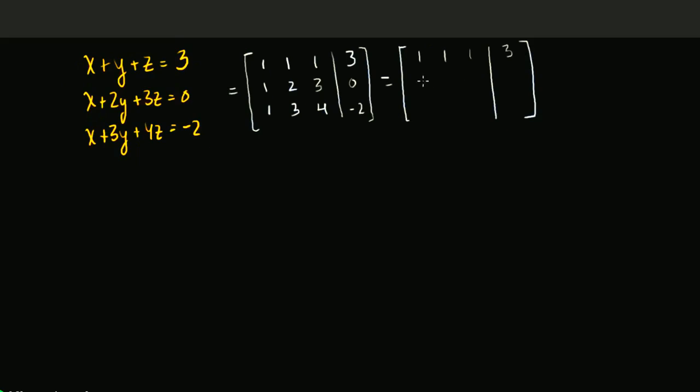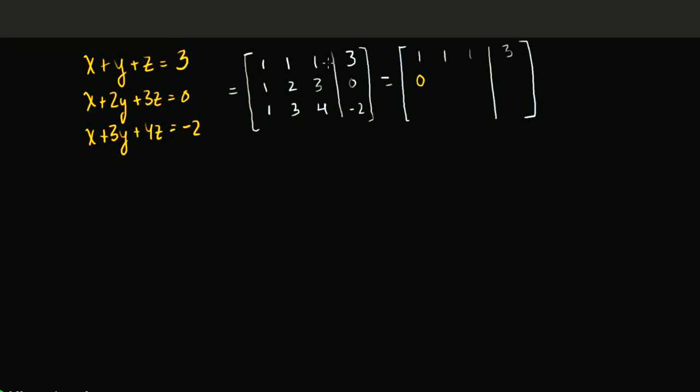So 1 minus 1 is 0. 1 minus 2 is 1 minus 2. Actually, a better thing to do, because I eventually want this to be a 1 anyway, let me replace this row with the second row minus the first row, instead of the first row minus the second row. I can do it either way. So the second row minus the first row.